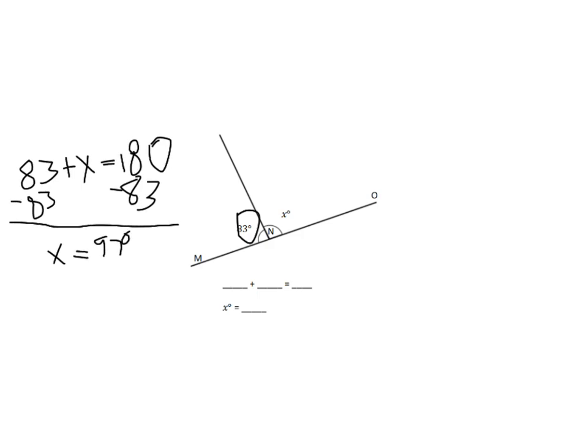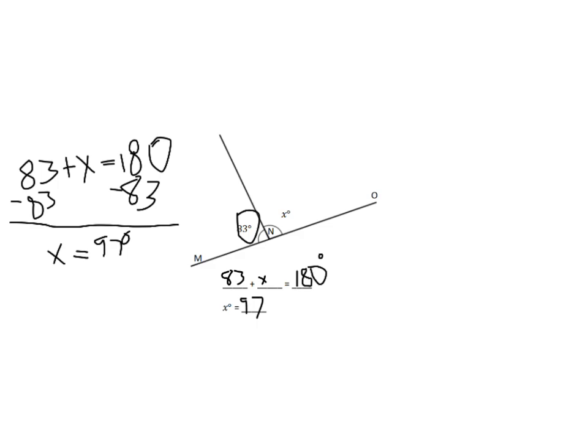So on our little thing right here, we'd have 83 plus x equals 180 degrees. And so we found that x equals 97 degrees.